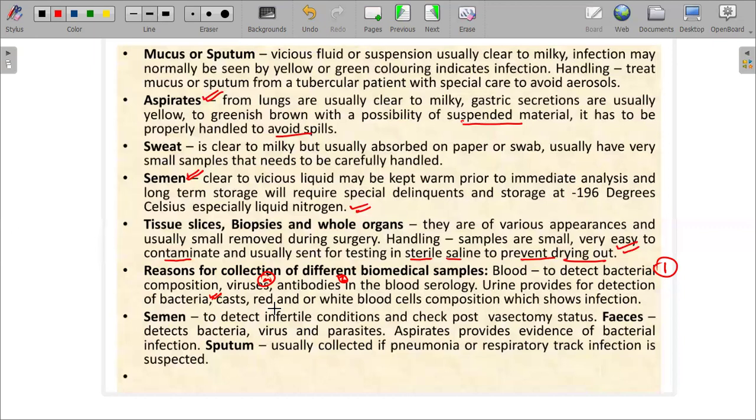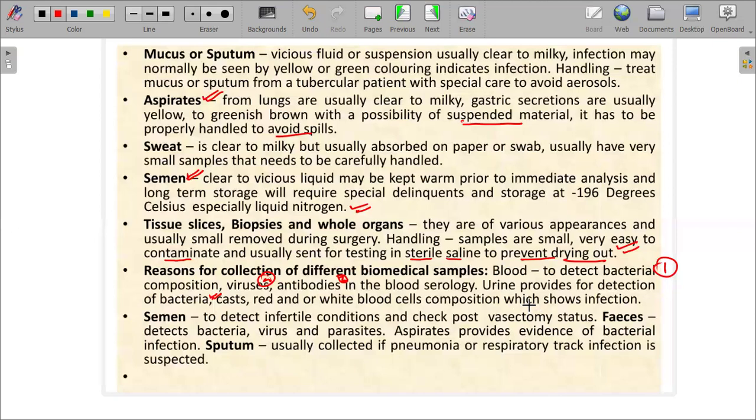Vasectomy is the cutting of tubes as a contraceptive measure, and the semen can be examined to see that the cutting and tying of tubes was successful, so that there are no sperm cells found within the semen.